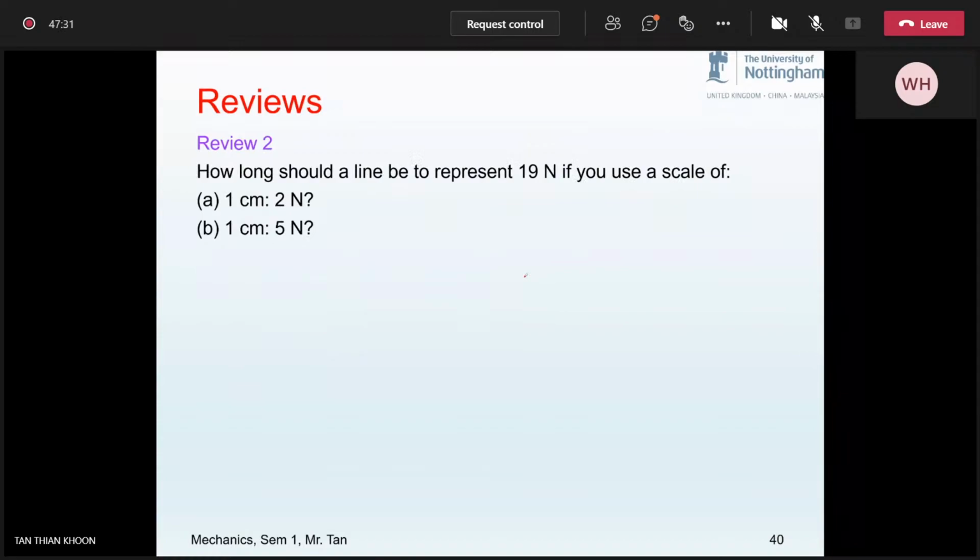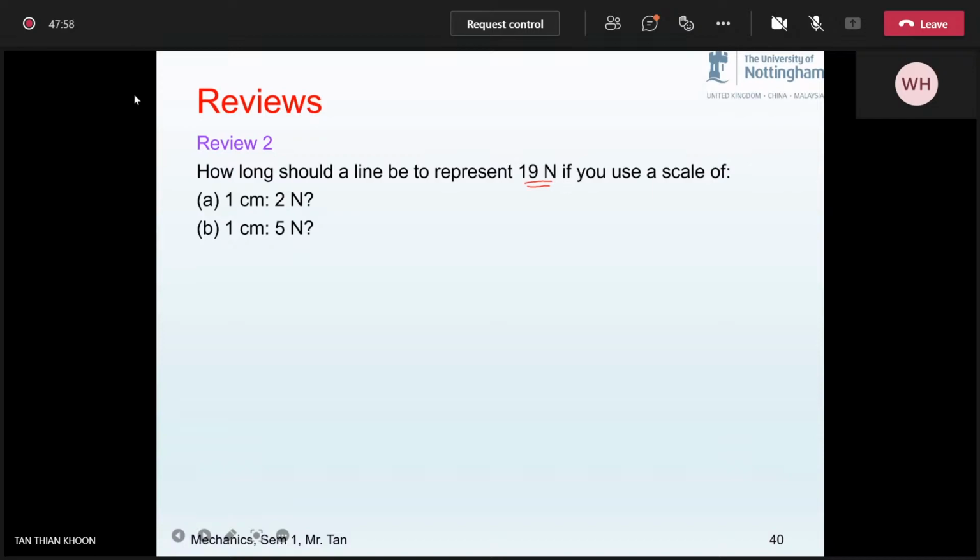How about the second example? How long should a line be to represent a 19 Newton force, if you use a scale of 1 centimeter is 2 Newton? 9.5 centimeter.